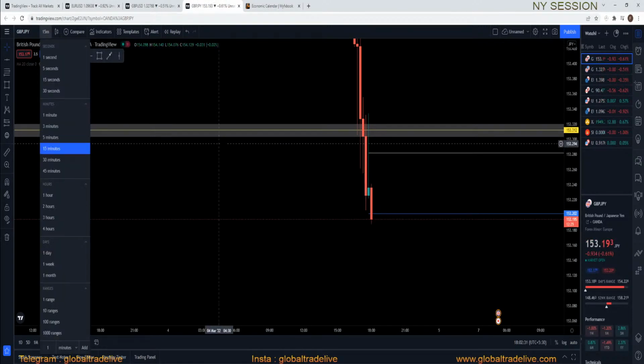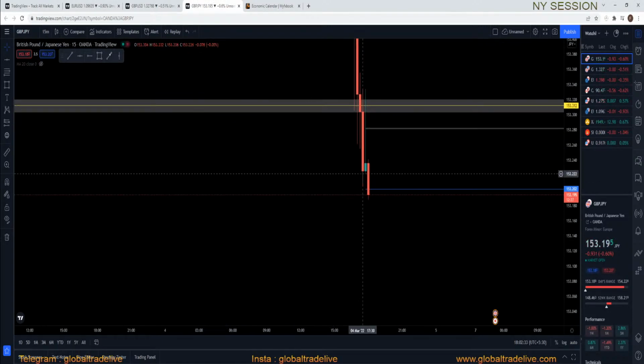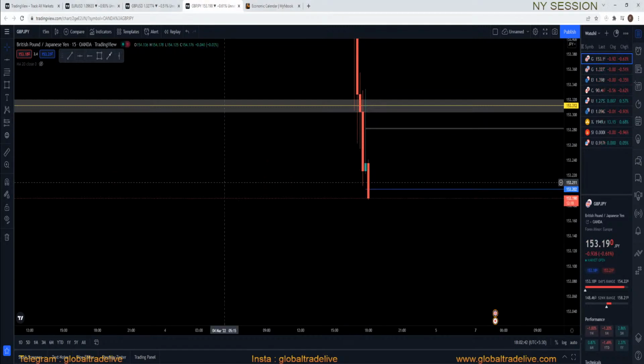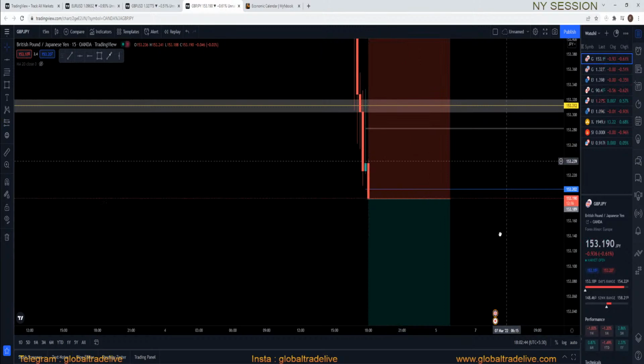There was a huge push to the downside. So I have entered a trade over here, down below in this area.